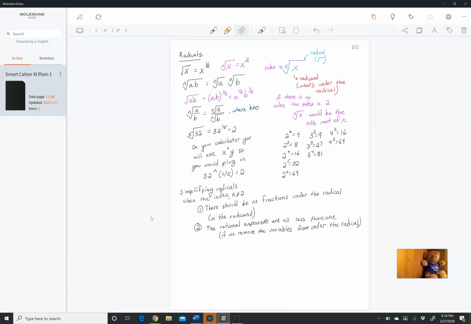When we say there should be no fractions under the radical, that's also saying there are no radicals in the denominator. So I'm going to add to this because it's part of the same thing.